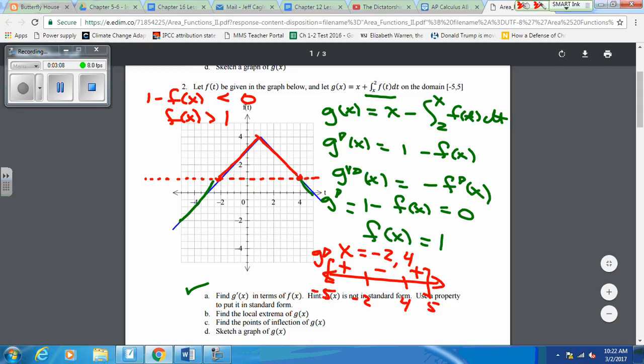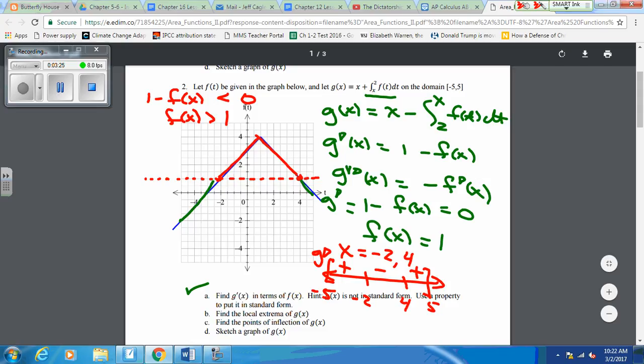Why -5 to -2? Well, my domain is -5 to +5. Oh, okay. So this allows me to say that there's a local max at -2 and a local min at 4.